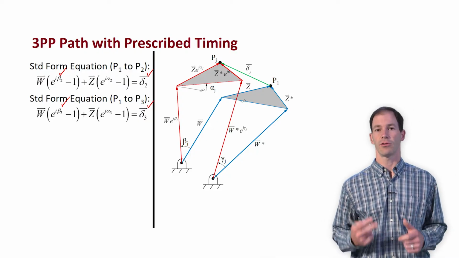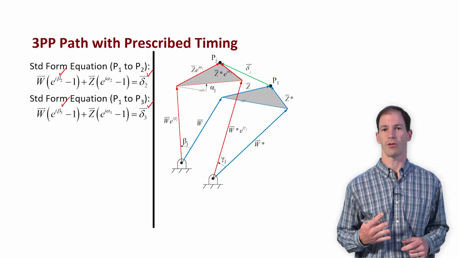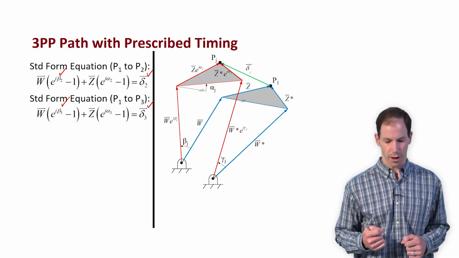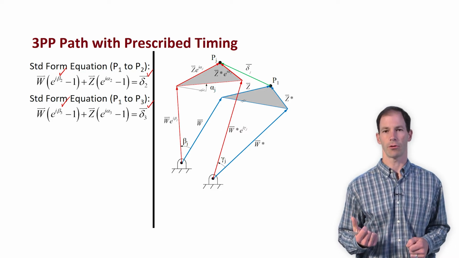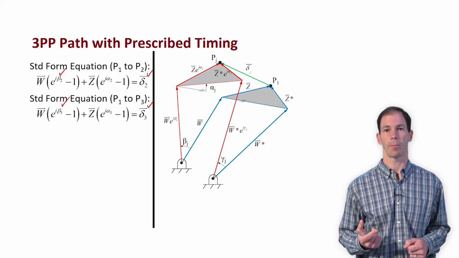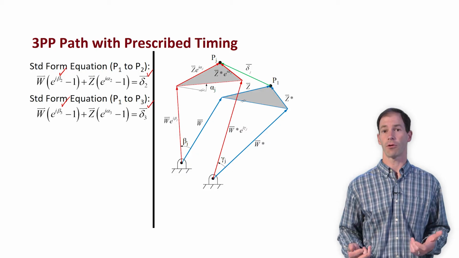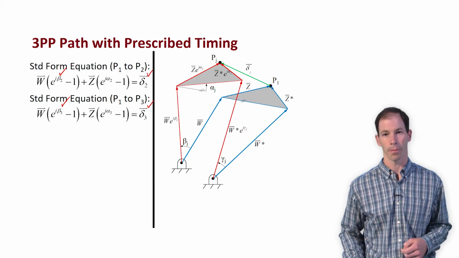So I've got two vector equations, which are the equivalent of four scalar equations, because each one has magnitude and angle or x and y components. And I've got a total of six unknowns here. My unknowns are the W vector, which has two components, the Z vector, which has two components, and then these two rotations of the coupler, α2 and α3. So I've got six unknowns, four equations. I have to make two free choices to solve this system of equations.